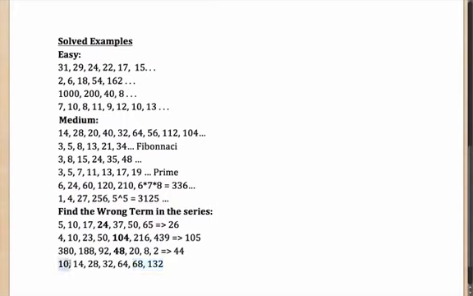So 10 is the first one, and then you are increasing by 4 and then doubling to 28. You again increase by 4 and you double to 64. You again increase by 4 and you should have doubled it to 136, but you didn't do that. That makes 132 as the incorrect term, and the correct term in place of 132 should have been 136.